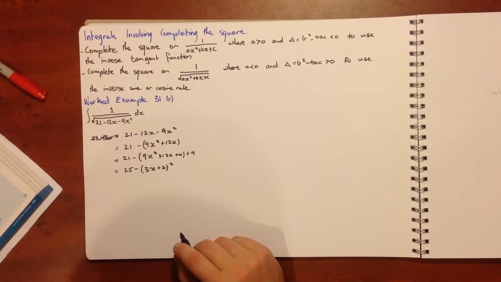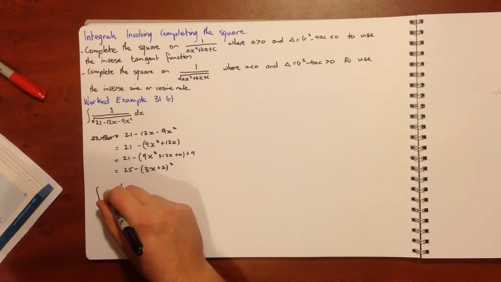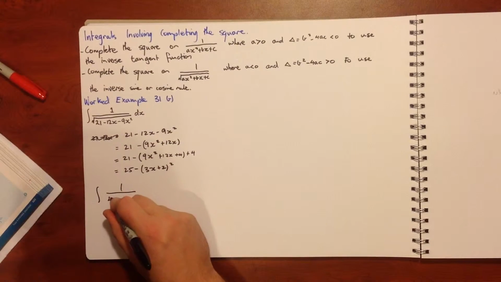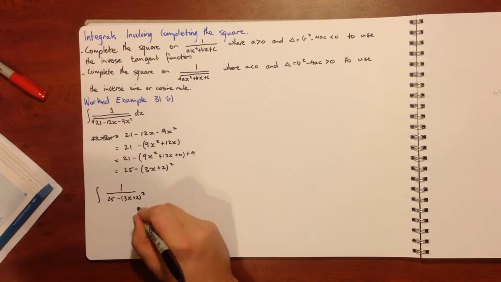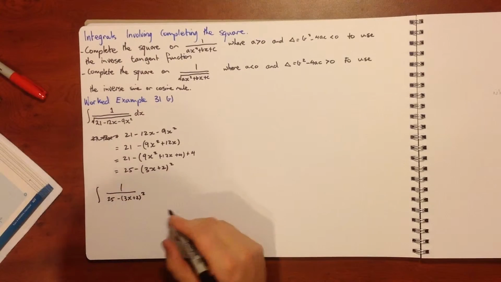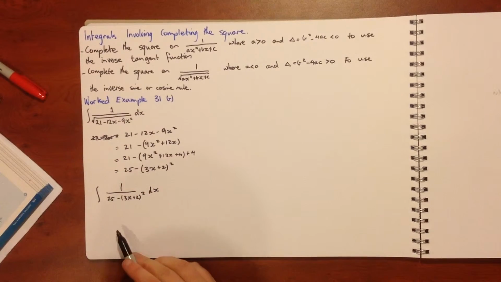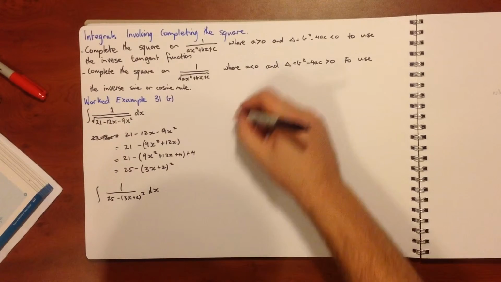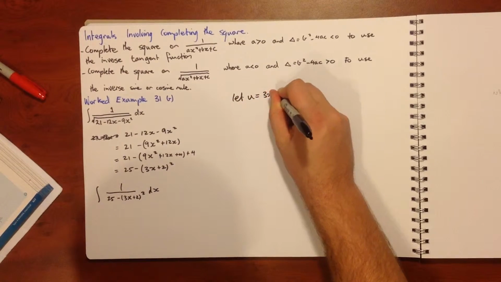So our integral is really the integral of 1 over 25 minus 3x plus 2 squared dx. We should recognise this is a tan one, so we'll let u equal 3x plus 2.